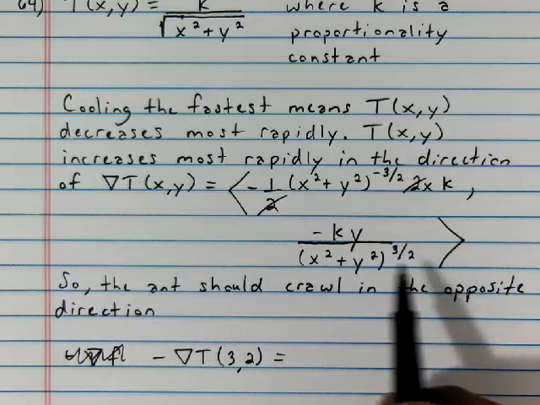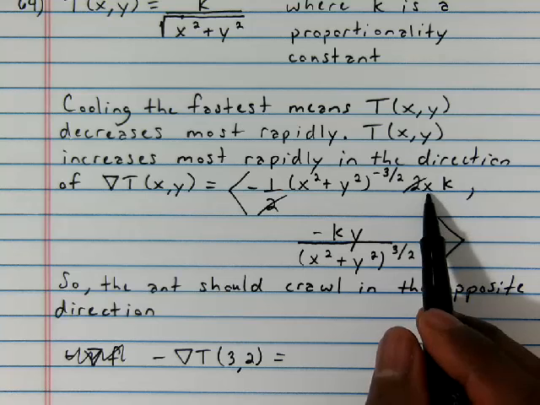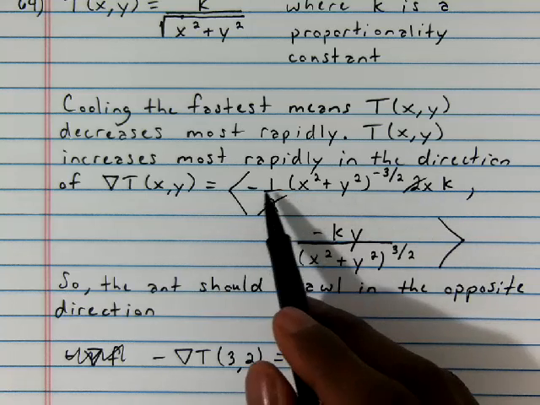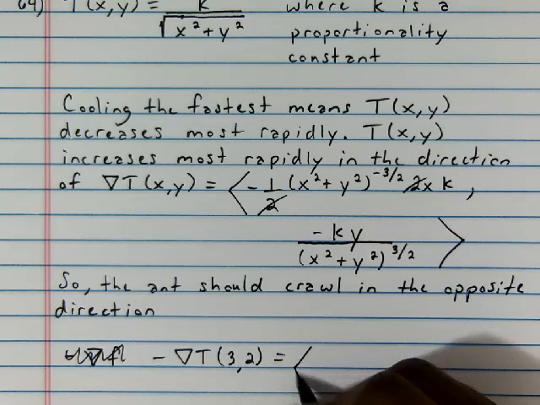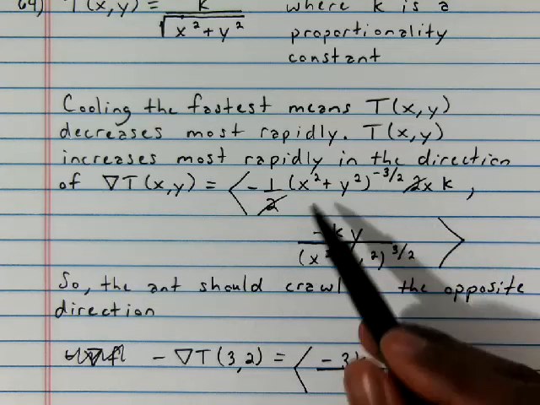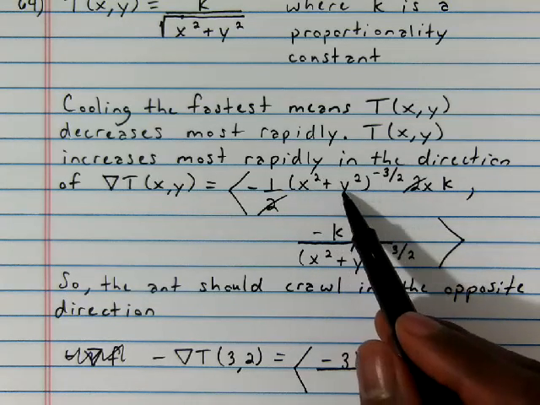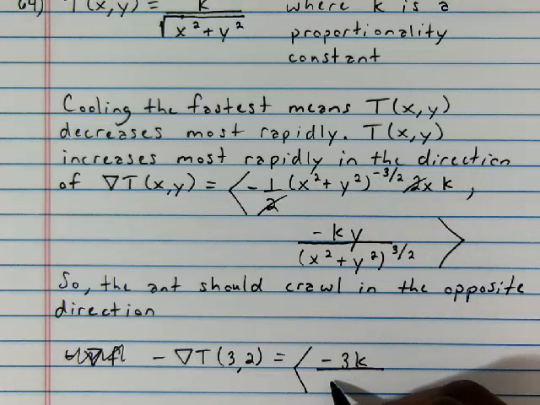So now we're going to put (3, 2) into this. When we put in x equals 3, we're going to get negative 3k over, with x equals 3 we have 9 there, and then plus the 4 gives us 13 to the 3/2 in the denominator.